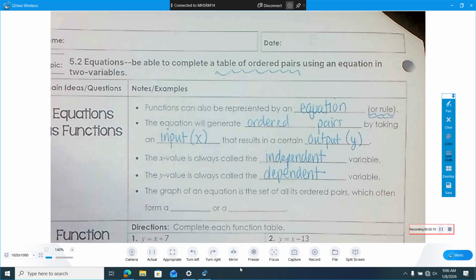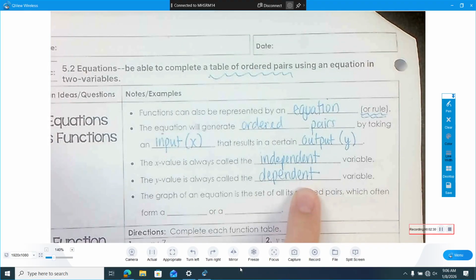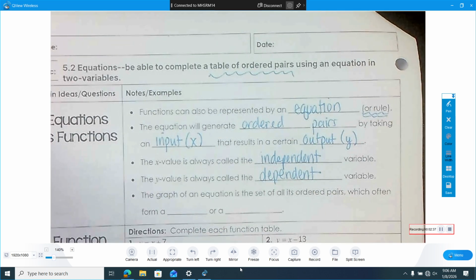They are independent. They are free to be whatever they want to be, okay? So we're going to pick x values. Eventually, we'll pick our own. And then what happens is when we plug in that x value, the rule determines what that y value is going to be. That's why it's dependent. That's why the y is the dependent variable, because it really depends on what the rule happens to be.